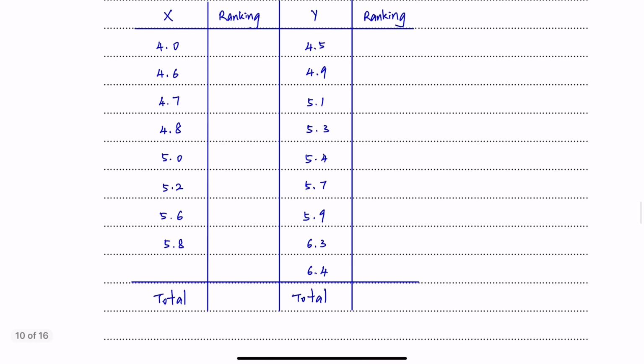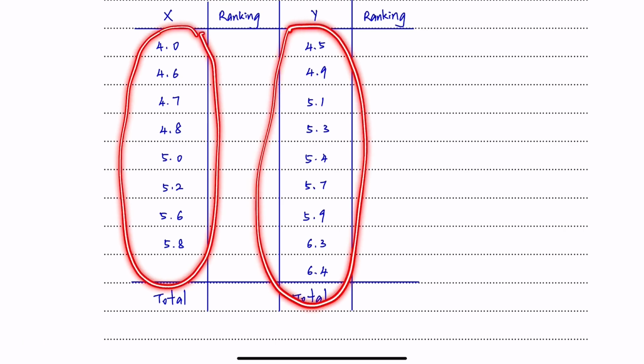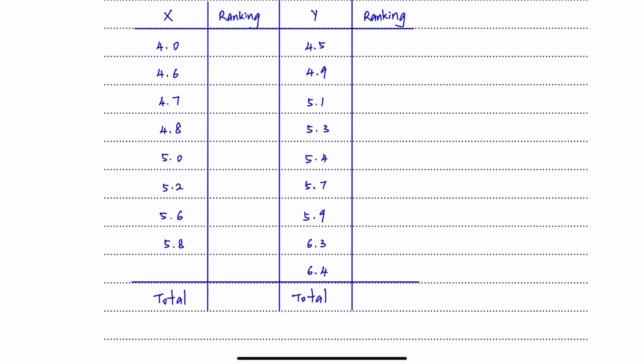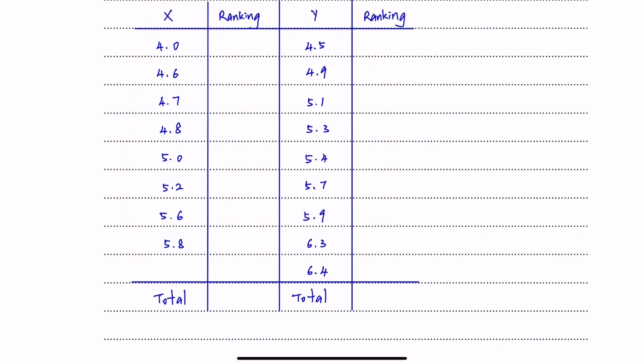So now we can start ranking. We look through all the data here and we rank them together. We don't rank the data according to X and Y, but we just compare all the data together.